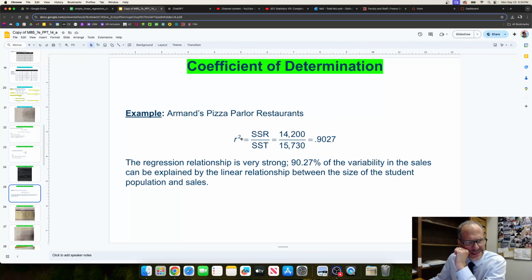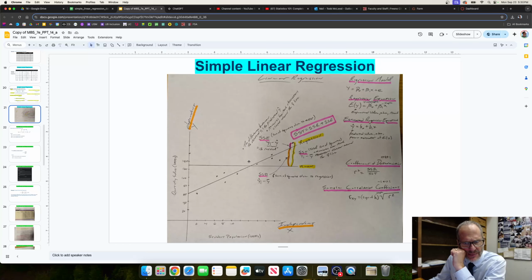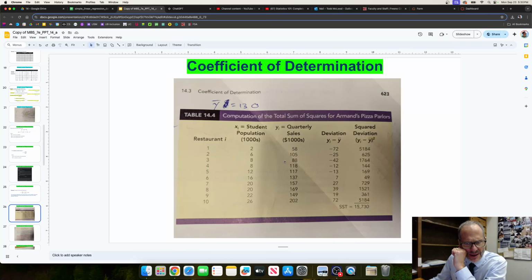So how do we get SSR and SST? So here's how SST is calculated. SST, if we look at our little diagram, is going to be the difference between an ith point and the mean. So if we come down here and we have an ith point, a y point, and then we have a mean, so the deviation, and the mean is 130, so y bar is equal to 130.